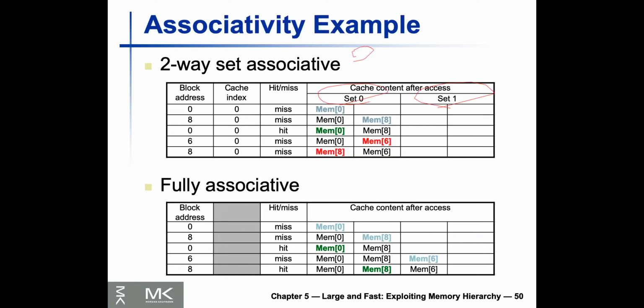So for all the zeros, 0 modulo 2 is going to be 0. 6 modulo 2 is going to be 0. And also 8 modulo 2 is 0, right? That's why all of those will be placed in either of the sets, okay?